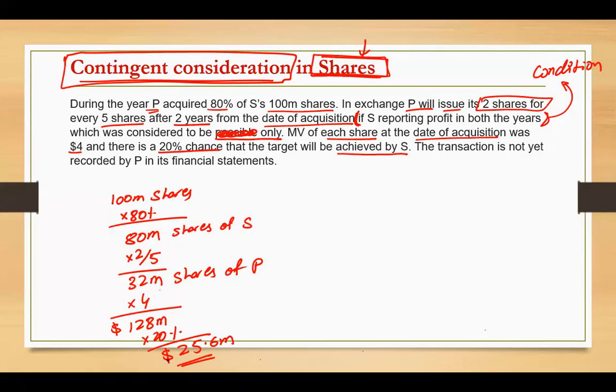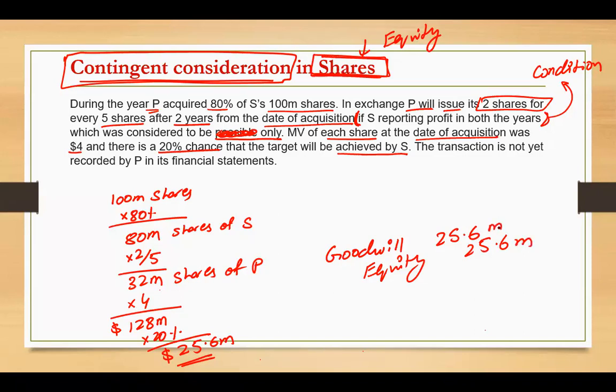So this is the value by which we should record an entry: goodwill debit by 25.6 million. And because this is in terms of shares, this is not a liability. Rather, shares are a part of equity. So we are going to credit the equity by $25.6 million. So this is how we actually record the transaction.